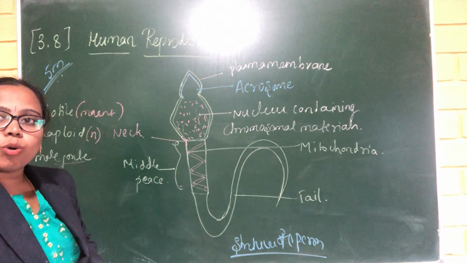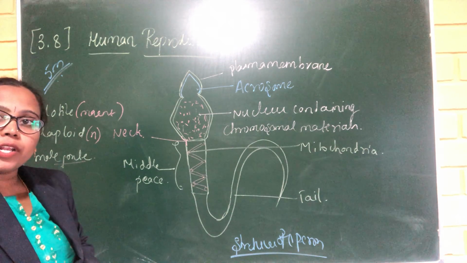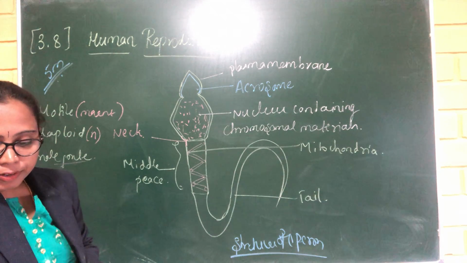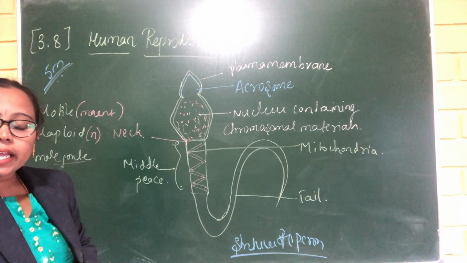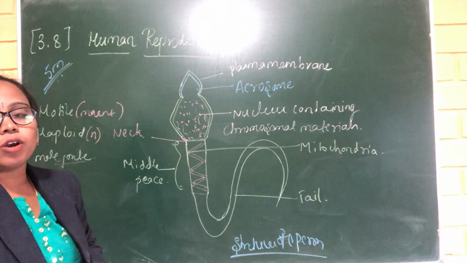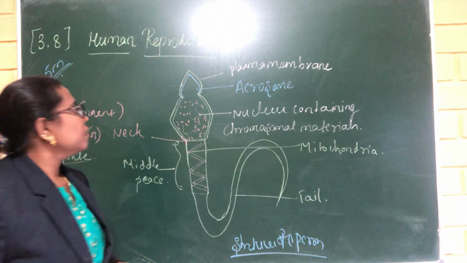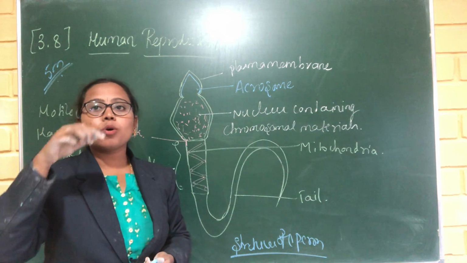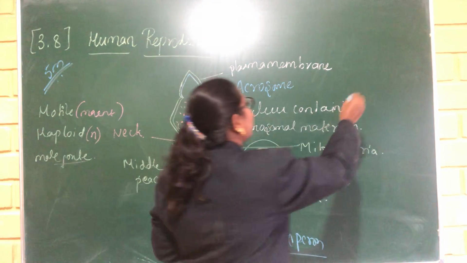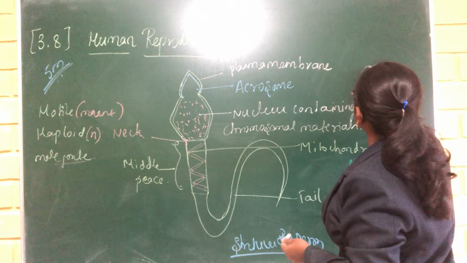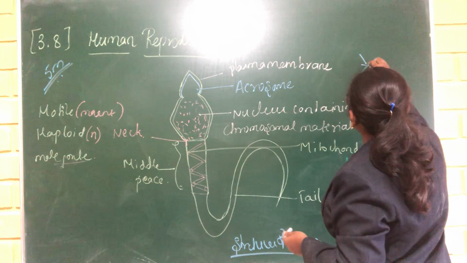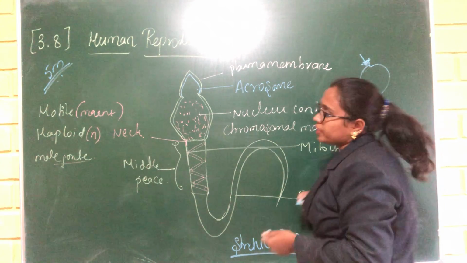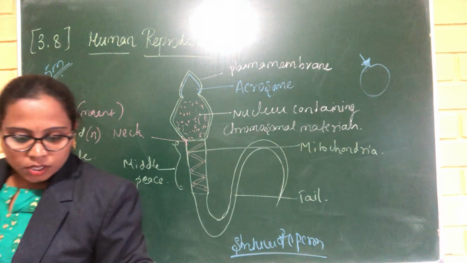What is the role of this acrosome? The acrosome is filled with enzymes that help in the fertilization of the ovum. It makes the pathway towards the ovum, helping it open and fertilize.